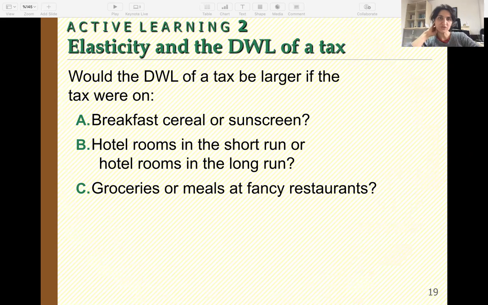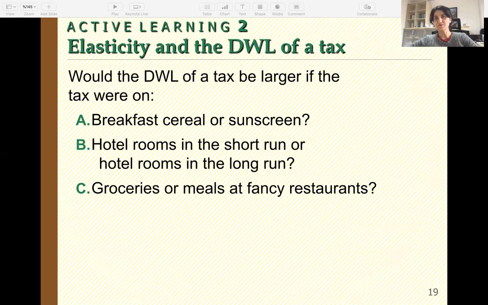Hotel rooms in the short run or in the long run? Hotel rooms in the long run have a more elastic demand. So if it charges a tax on hotel rooms in the long run, it's going to have higher deadweight loss. Then it should tax hotel rooms in the short run.